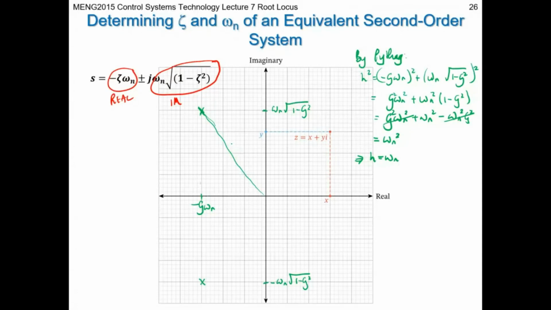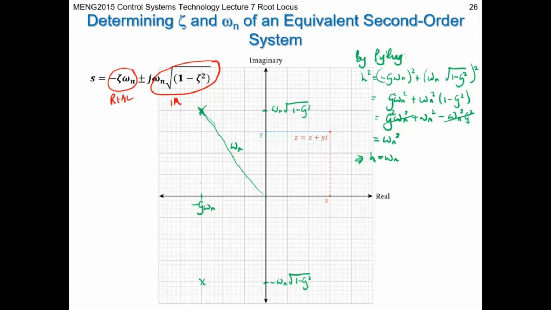So we can now replace our h and say this here is omega n, our natural frequency. So the natural frequency of the system, where it has a closed loop root at a specific location on the S-plane, is given by the distance from the origin to that pole, that root.